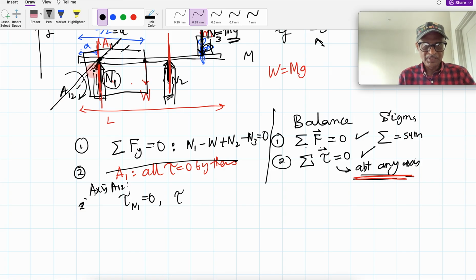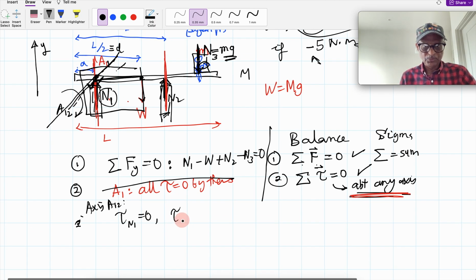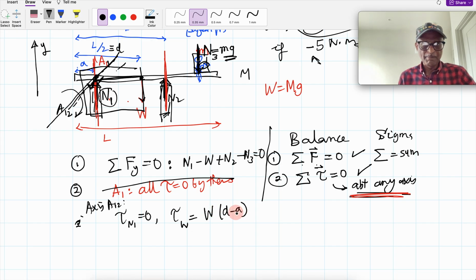This plane is perpendicular to the axis, and that's the closest distance, which will be d minus a. So torque of W will be W times d minus a, and it's going to rotate this way, clockwise.